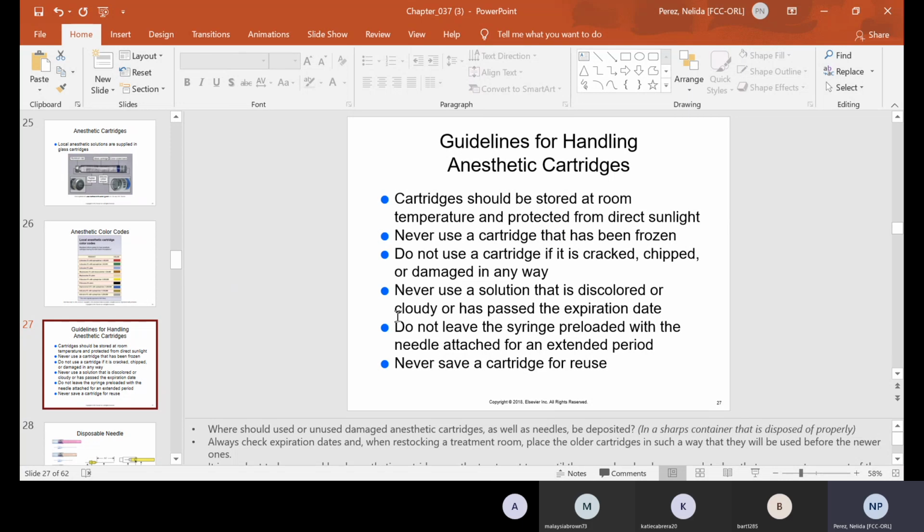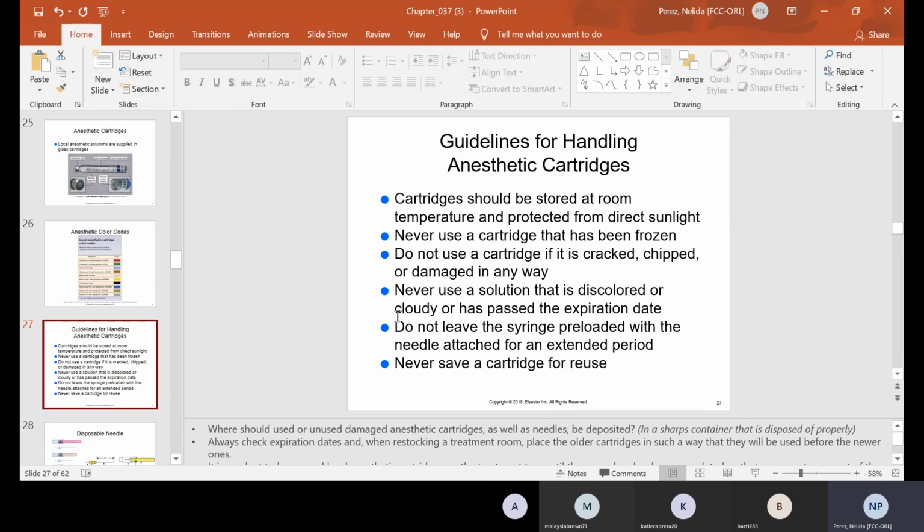Now, the guidelines for handling anesthetic cartridges: they should be stored at room temperature and protected from direct sunlight. So usually they're stored in the drawer. Never use a cartridge that has been frozen, cracked, chipped, or damaged in any way. Never use a solution that's discolored or past the expiration date.